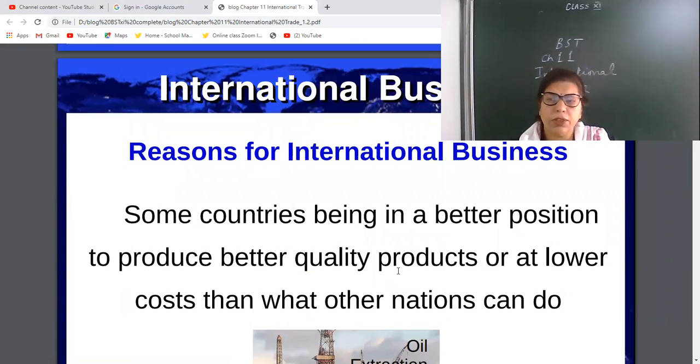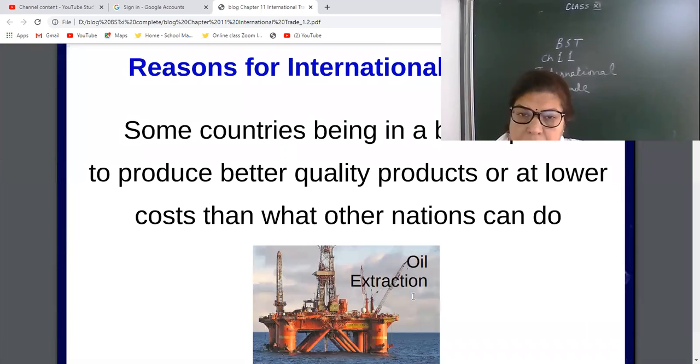Maybe the surplus goods cannot be utilized in the domestic country. So they produce in better quality, in large quantity, and the cost is lower. That's why they can export it to other countries. So the basic reason of international business is this.